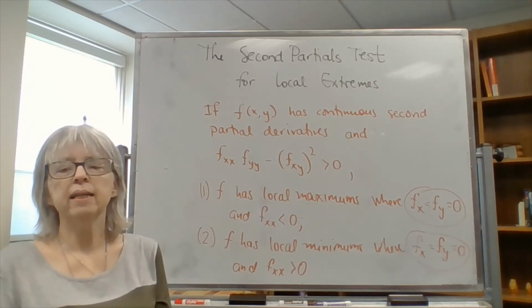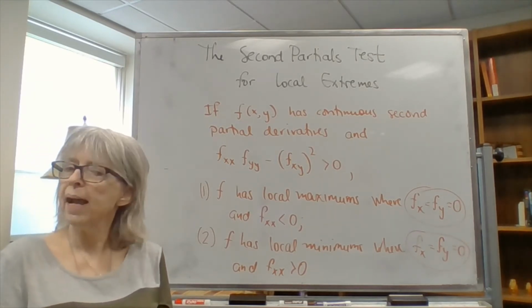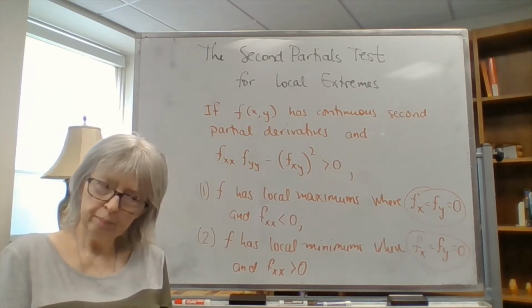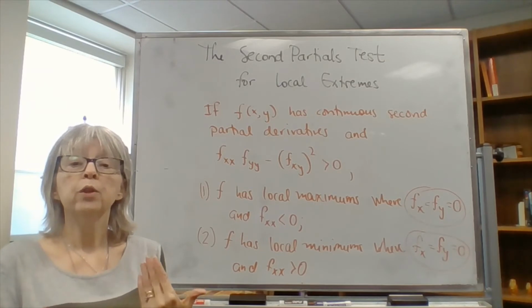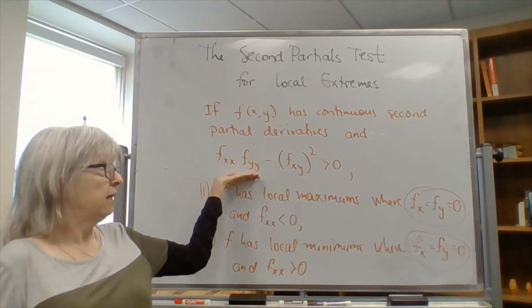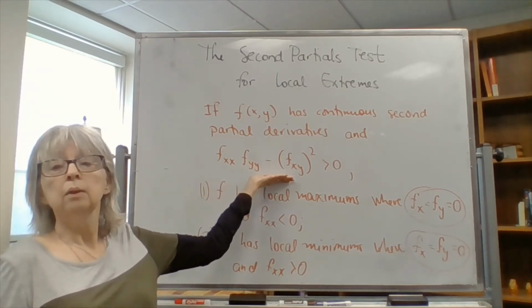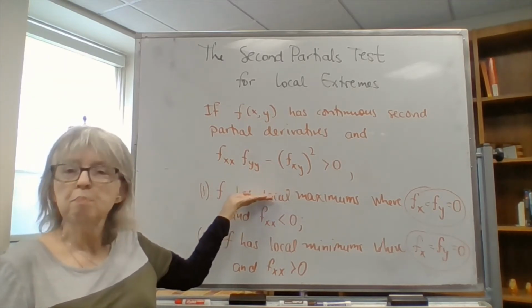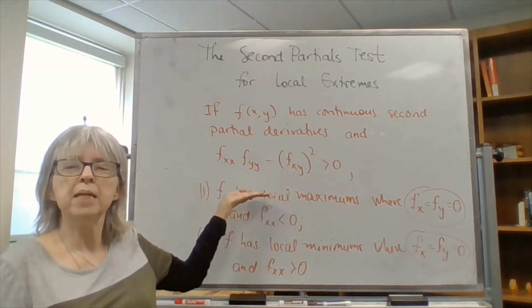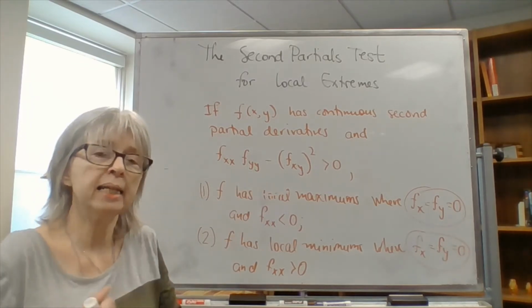How do I find out whether I have a local maximum or a local minimum, or maybe neither one? There is this expression here, which is sometimes referred to as the discriminant. And you may have heard that word discriminant used in another context.